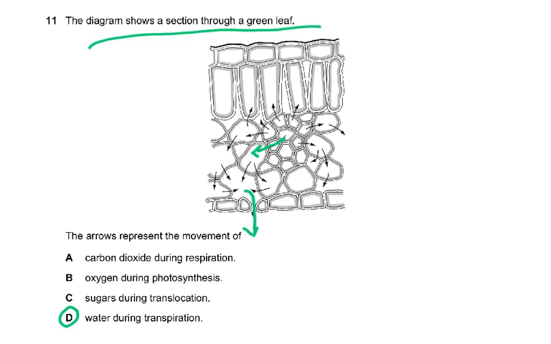Oxygen during photosynthesis, yes, but oxygen doesn't come out of the xylem vessel. This is coming out of the xylem vessel. This is the xylem, all this is the xylem. Then sugars during translocation, well, that's again in the phloem, and sugars don't move out of the leaf. So you have to think of two things that could move out of the leaves, either water vapors or oxygen, or some sort of a gas.